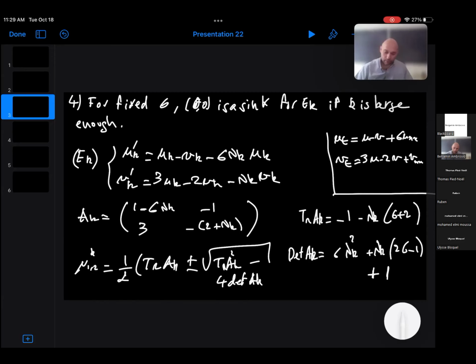Sigma is positive. So I have a polynomial of order 2 with a positive value in front of the higher degree. So it's positive if lambda k is large enough, and if this quantity is positive, then the two eigenvalues have a negative real part, because the trace is negative. And this is positive if k is large enough.